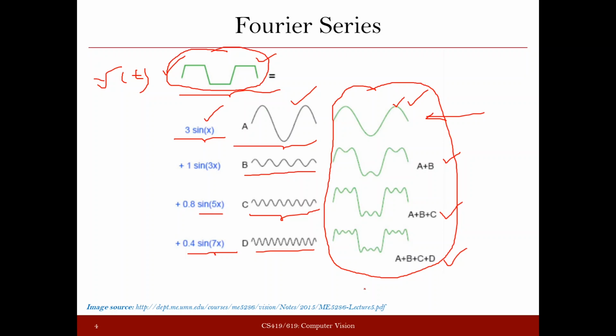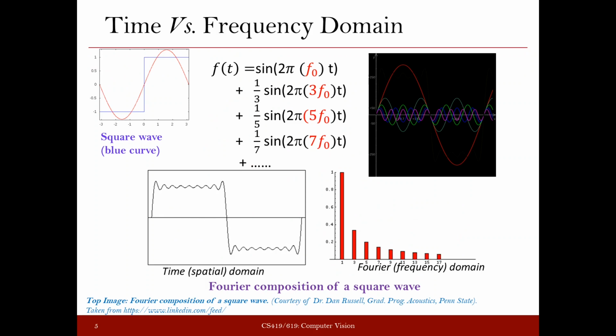Now we have a similar problem here again. This is another example where the question is to represent this square wave. The blue curve that you see here is a square wave, and the question is to represent this square wave with the help of Fourier series, or with the help of a weighted sum of sine and cosine functions.